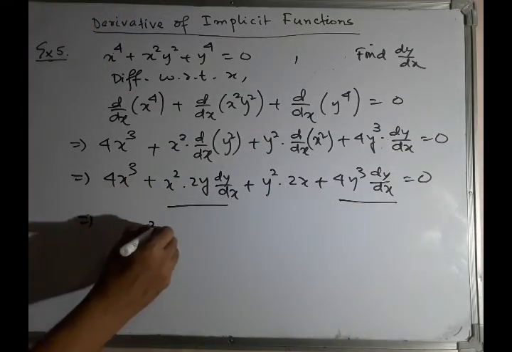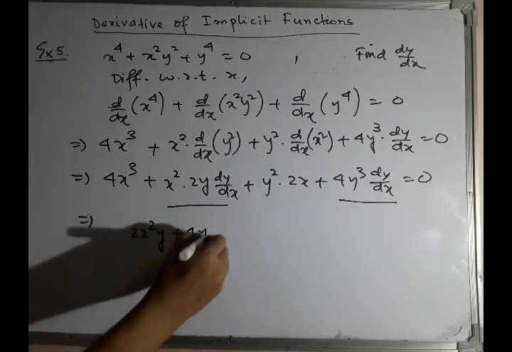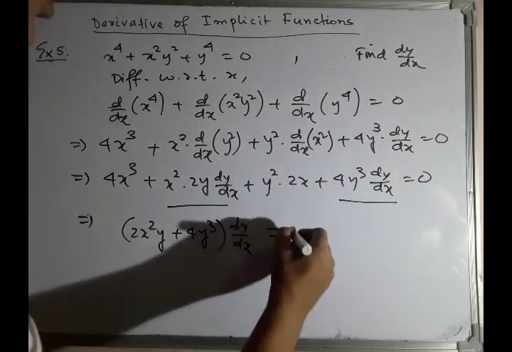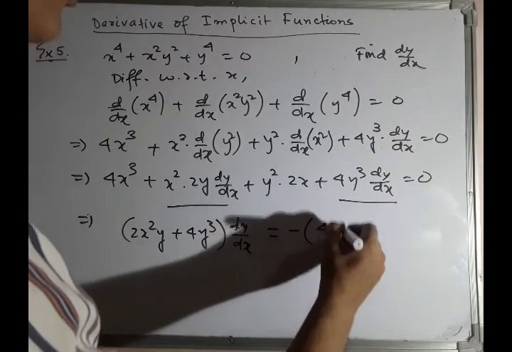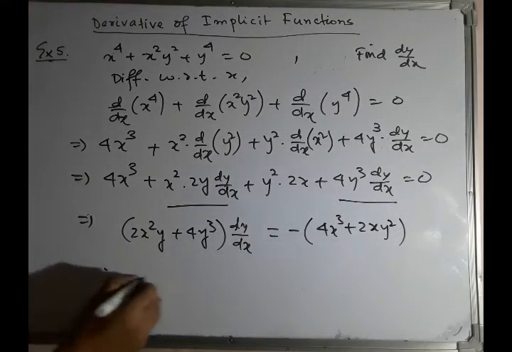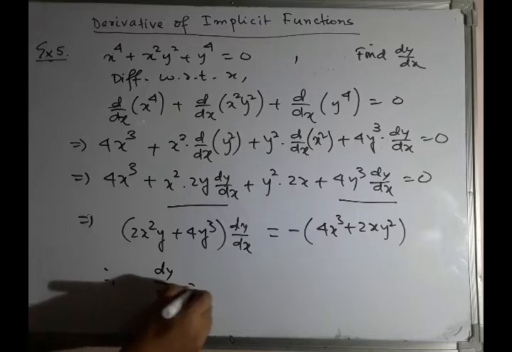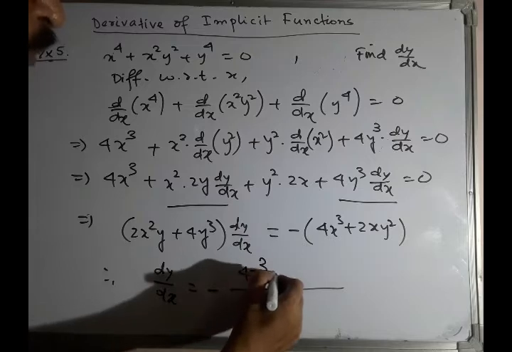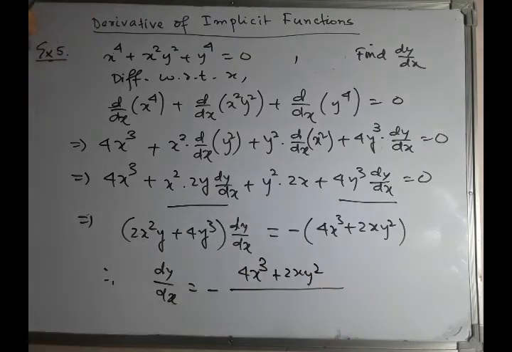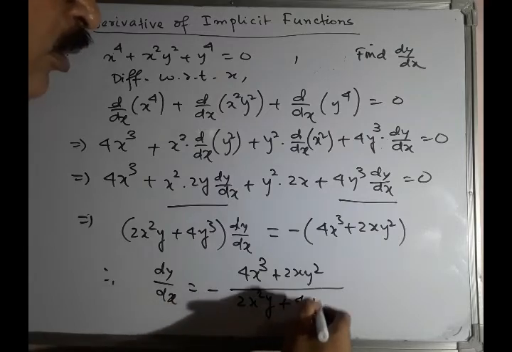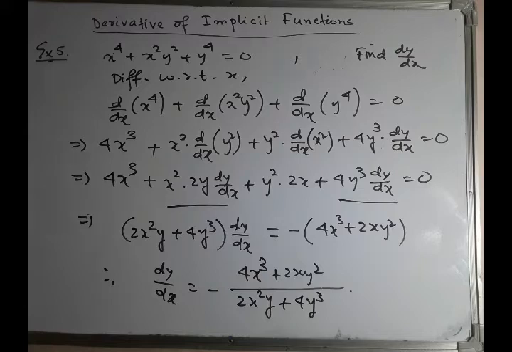So 2x square y plus 4y cube into dy by dx equal to minus 4x cube plus 2x y square, and therefore dy by dx equal to minus 4x cube plus 2x y square divided by 2x square y plus 4y cube. So this is the final answer.